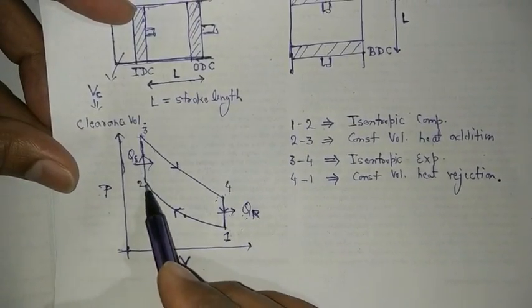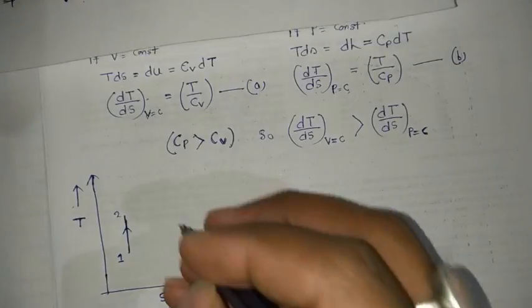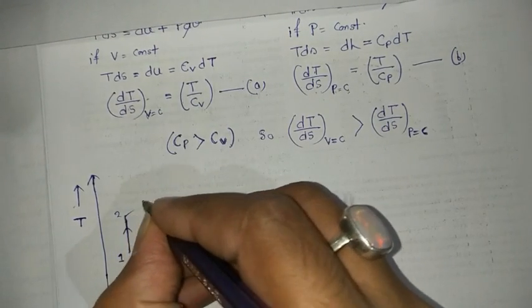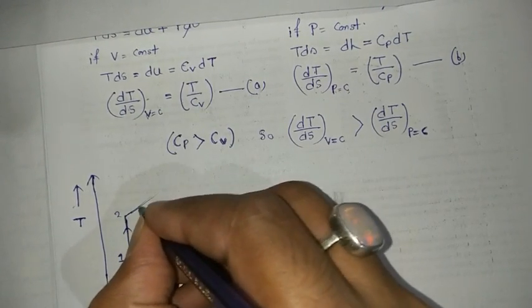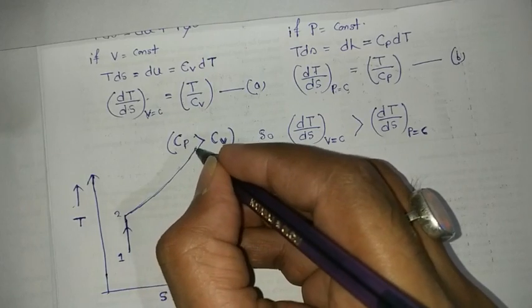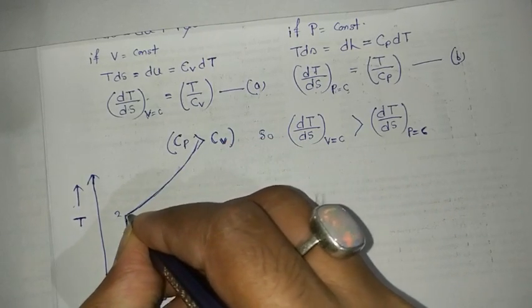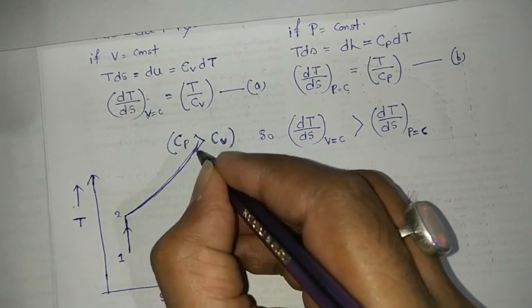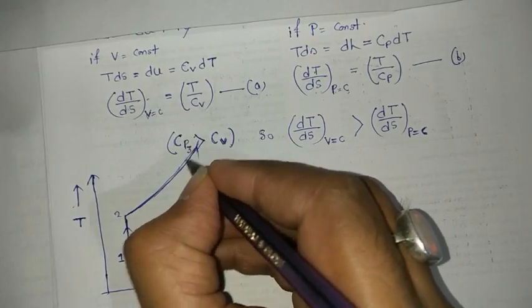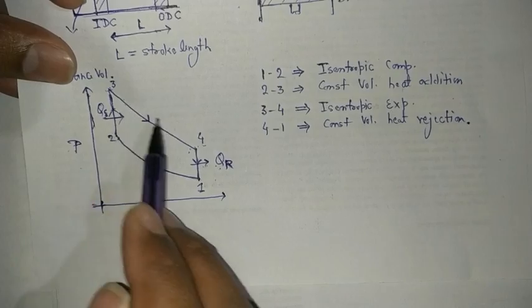Okay, then 2 to 3, constant volume heat addition. So the constant volume line will be a curve like this, with increasing slope. This is point 3. Then again 3 to 4, isentropic expansion.